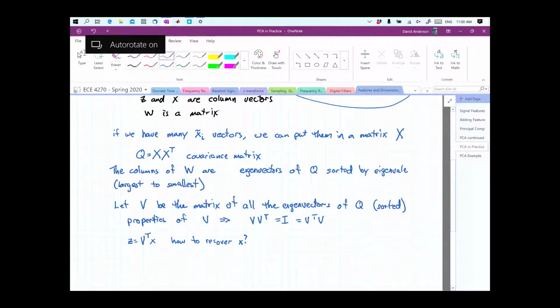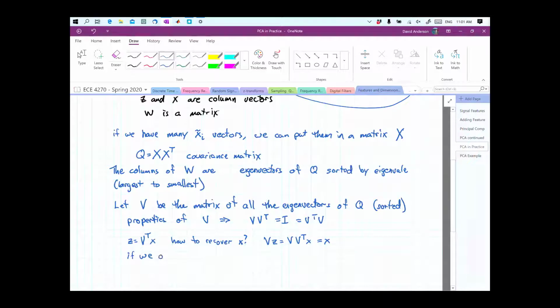Well, we can multiply on the left-hand side by V. So we would get V z is equal to V V transpose x is equal to x, and that gives us our x back.